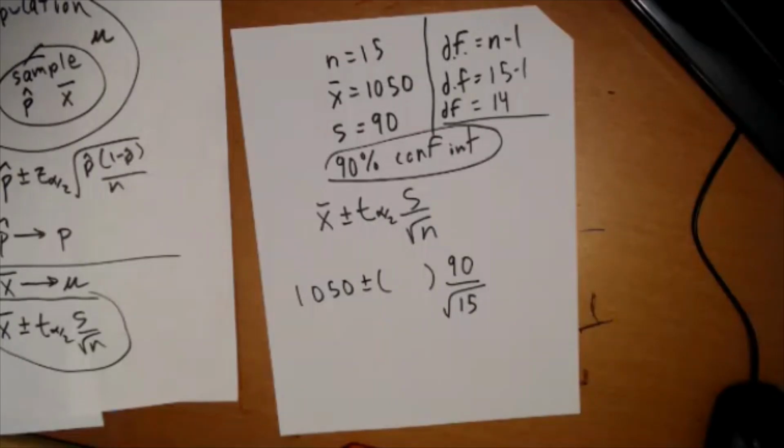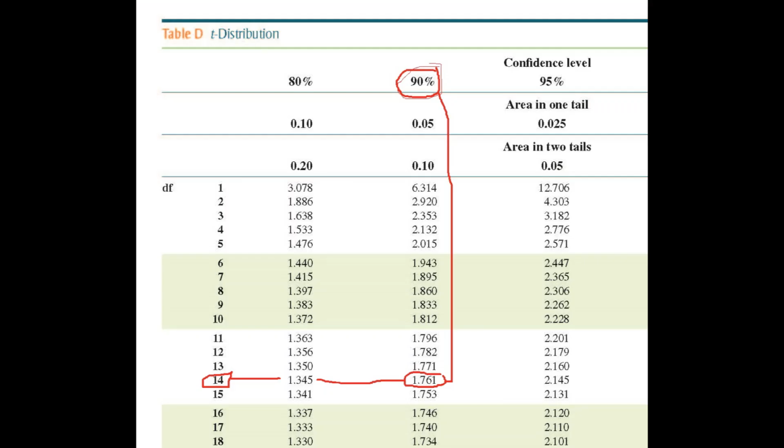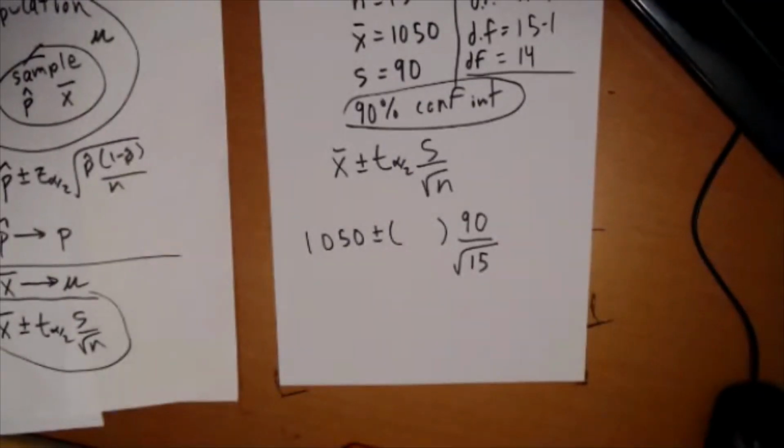So that's what I had highlighted in blue over here. You see how I went to the 90% confidence level column, and then the row for DF 14, and I see 1.761. It's kind of hard to see, but you have your little T-table. I put it in files, 1.761.